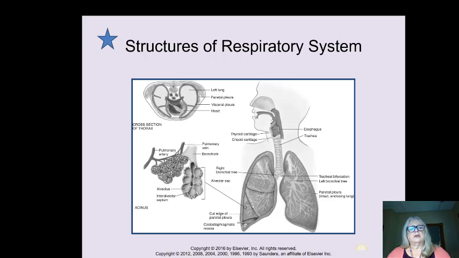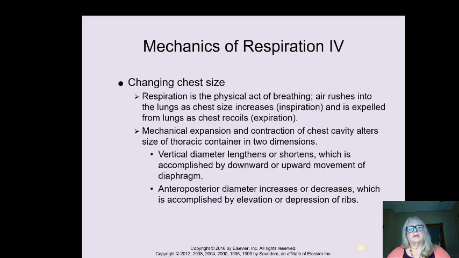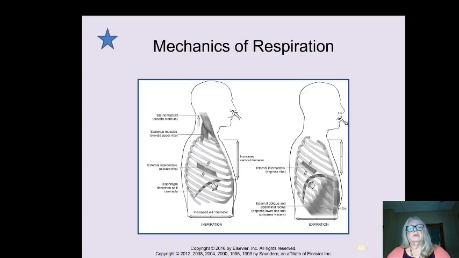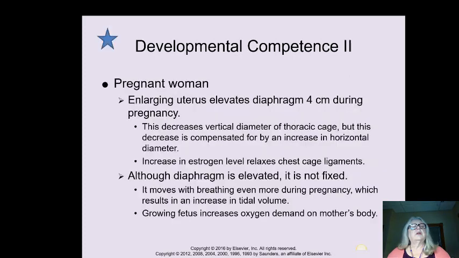Your structure, your pulmonary veins, your pulmonary arteries. All this is vitally important that you remember it. And your mechanisms of respiration. What does the body actually physically do when you're taking a breath in and when you're taking a breath out?